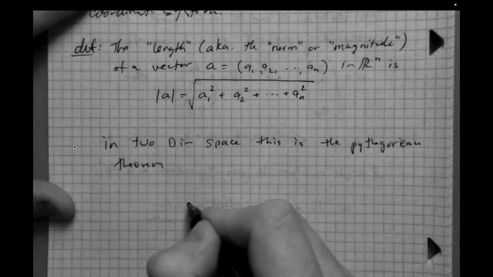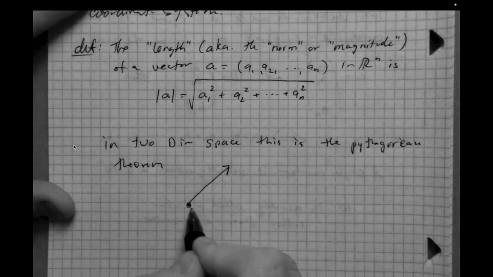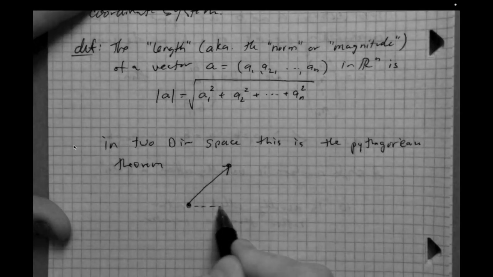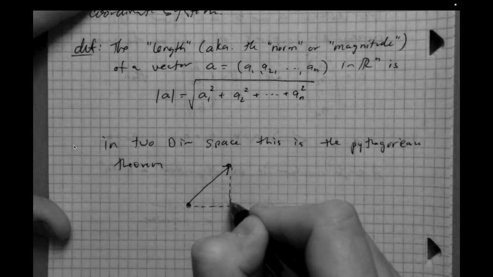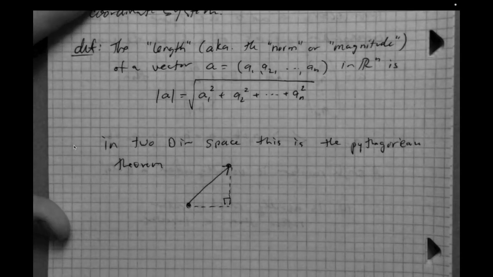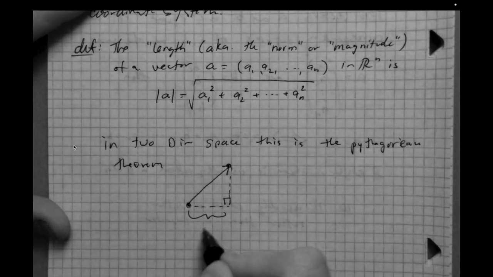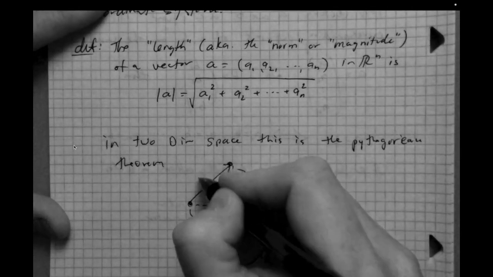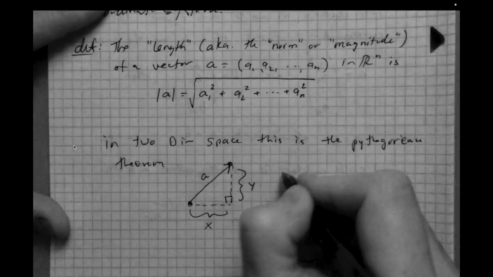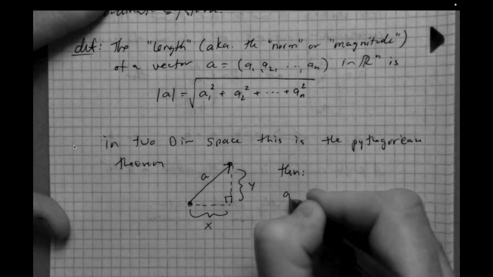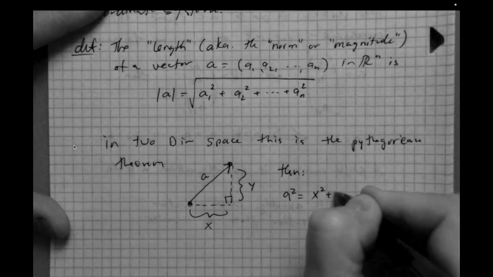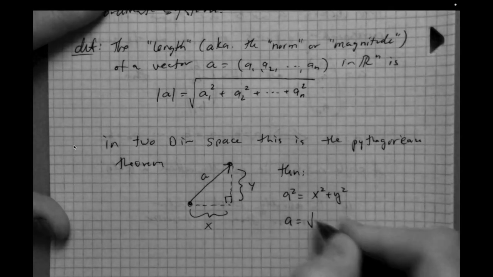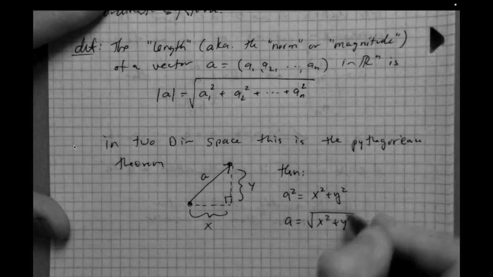If I have some line, and I want to know the length of the line between 2 points, then I can identify a right triangle built off of that line, and this side we sometimes call x, and this we sometimes call y, and so if this is a, then we know a squared equals x squared plus y squared, and so a, the length, is equal to the square root of that.